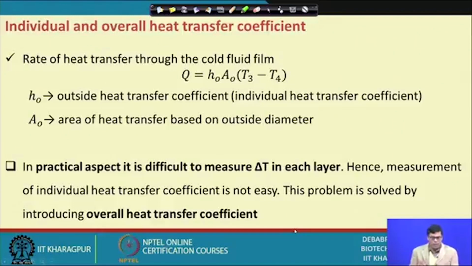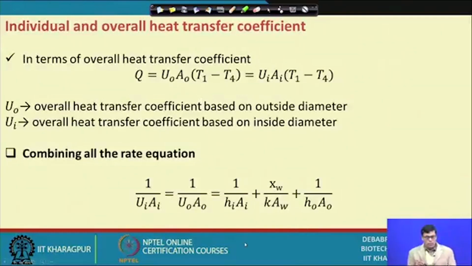And for the rate of heat transfer in the cold fluid, we can write Q equal to Ho Ao (T3 minus T4). So, for the overall heat transfer, we have Q equal to Uo Ao (T1 minus T4). Now, if you combine all the equations, we will get it in this form: 1 by Ui Ai equal to 1 by Uo Ao equal to this plus this plus this.